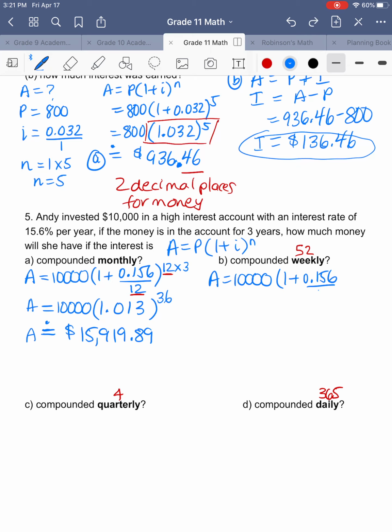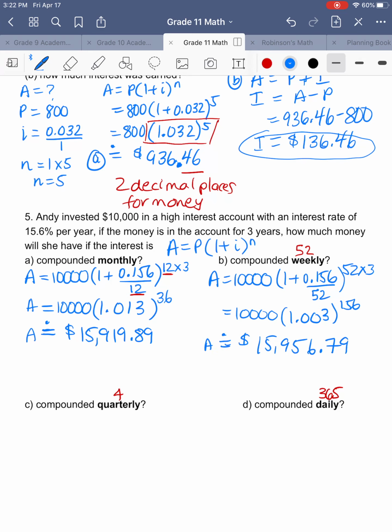And I'm already making a mistake. Okay, that should be 52. Okay, so notice that the amounts are different between A and B when we're compounding monthly and compounding weekly.